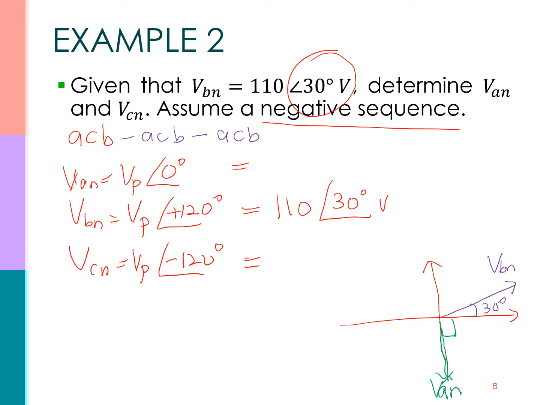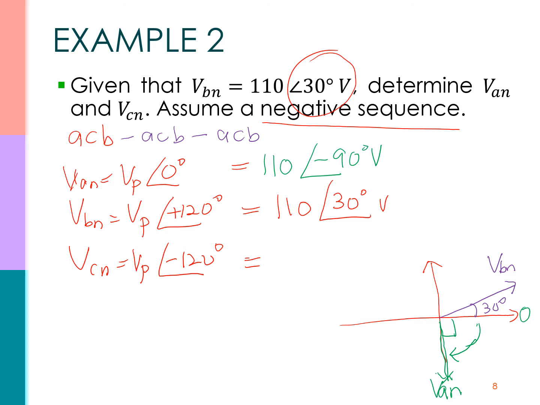Okay, so how to determine the angle for VAN? You put this reference as 0 degree. So from 0 to VAN, the angle is 90 degree, or minus 90 degree. So VAN is 110 with minus 90 degree volt.